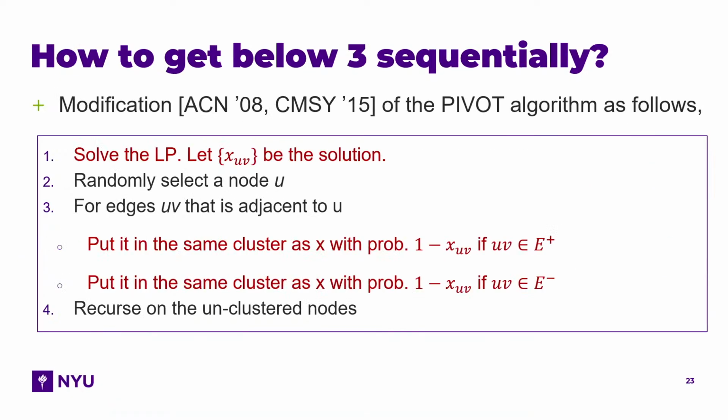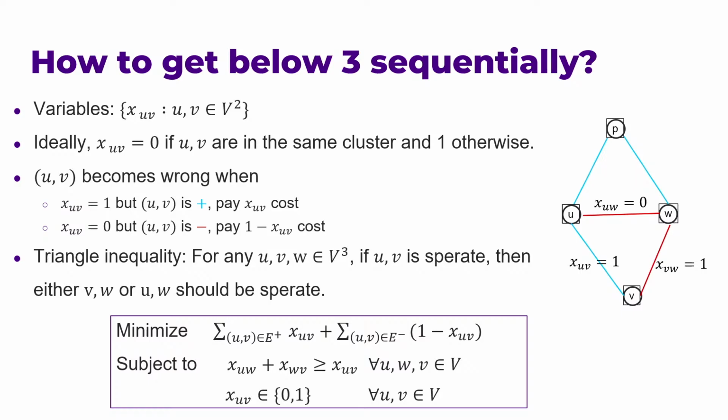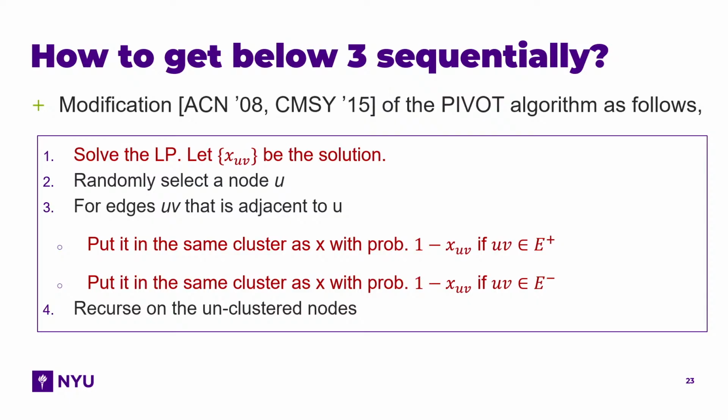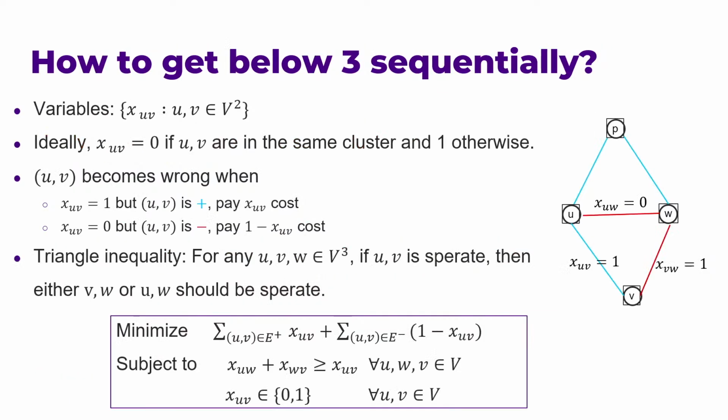So once we get this linear program, what's the next step here? The next step is a modification of the pivot algorithm. The intuition is that once we solve the fractional values, this x might be equal to 0, or 0.1, 1/10. This is a really good indicator for our algorithm, for the pivot algorithm.